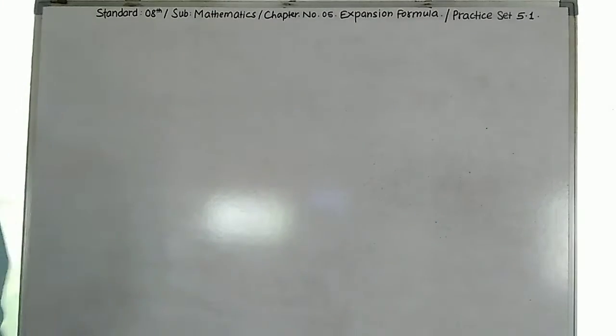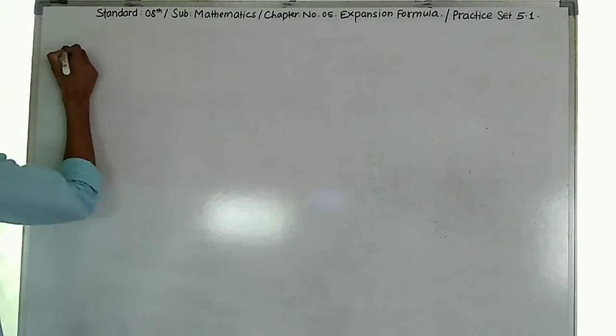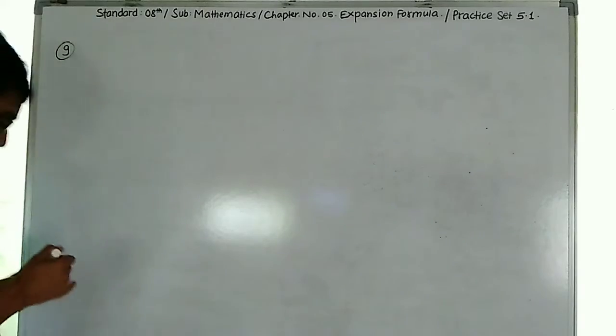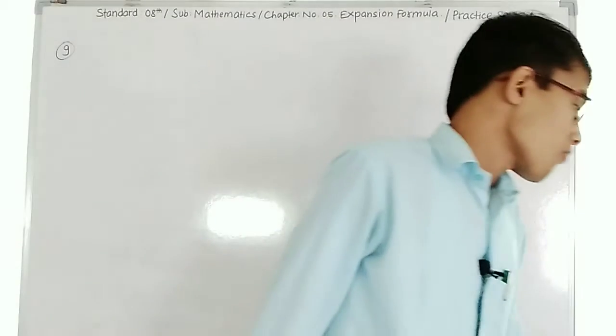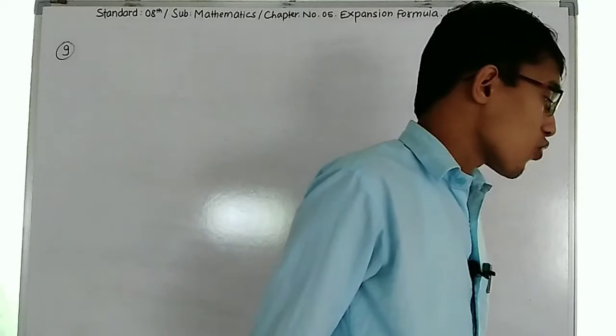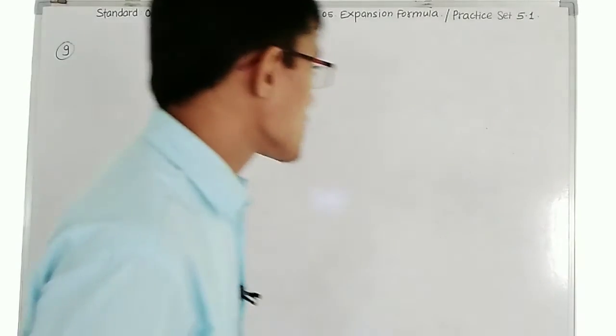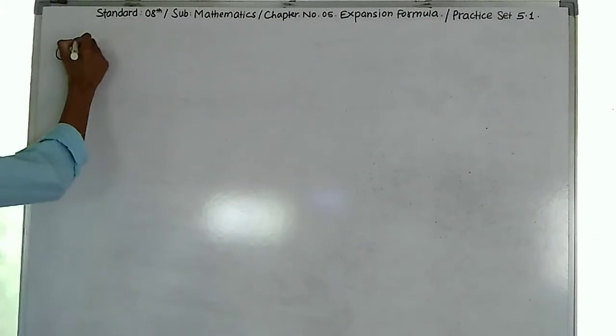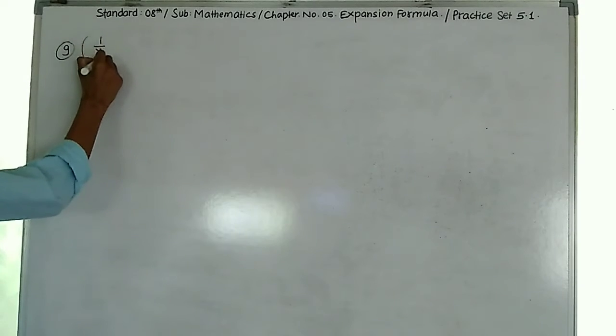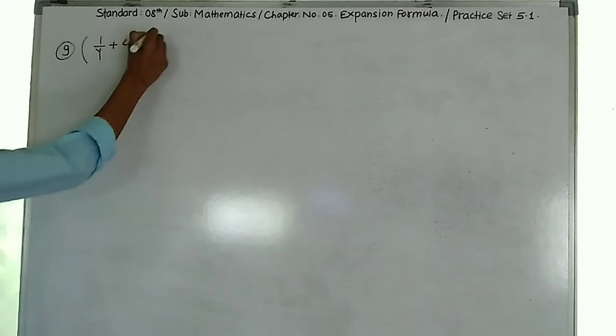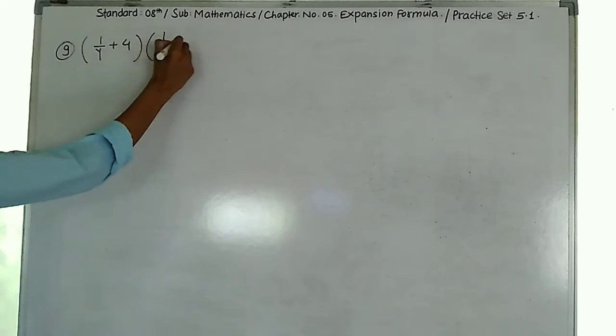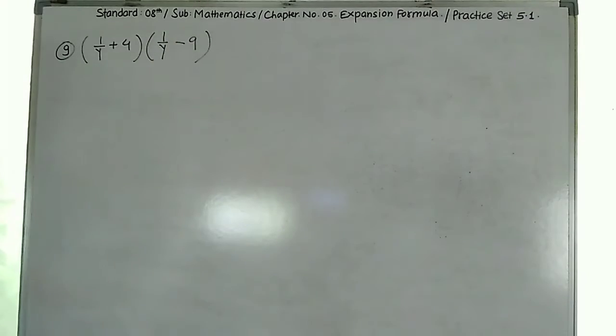What is the 9th sub question? It is (1/y + 4)(1/y − 9).